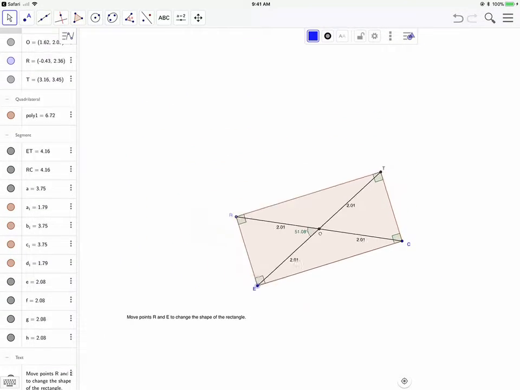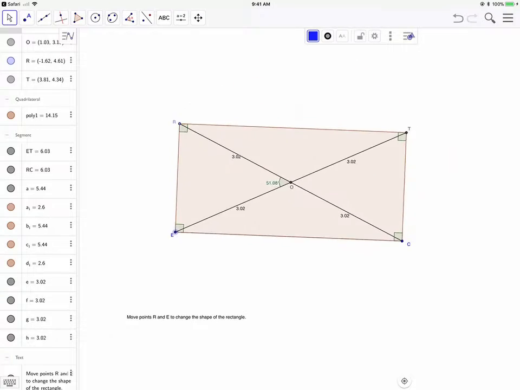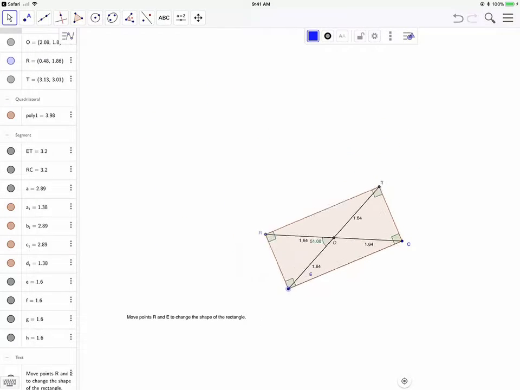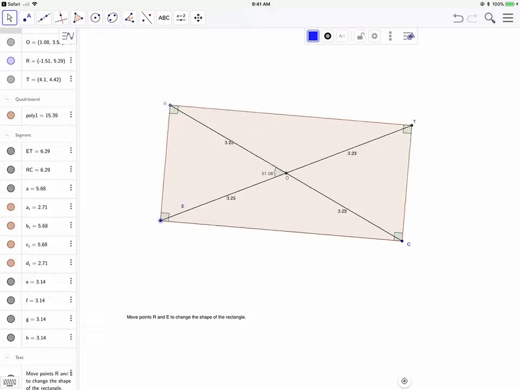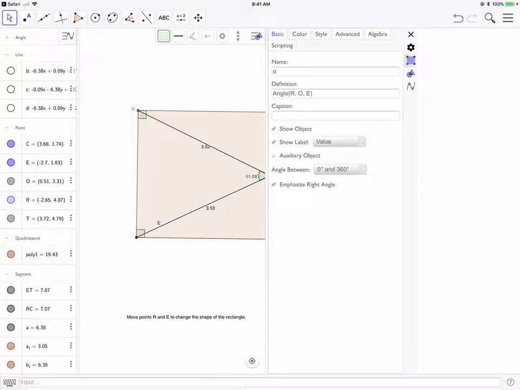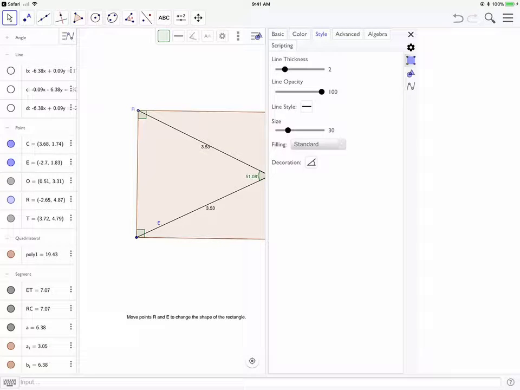I can drag the E, and it's always a rectangle. Now, keep in mind the definition of a rectangle from the other day is all 4 right angles or 4 congruent angles. So no matter how I move this thing, the angles have to stay as right angles. As I move it, we really want to pay attention to this angle in here where the diagonals meet. Let me see if I can make that a little larger so you can see it.